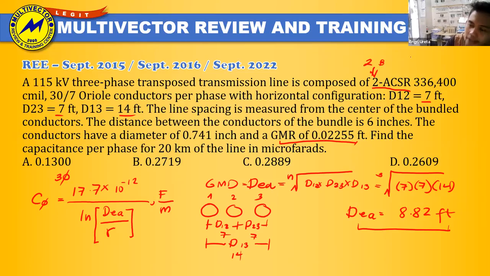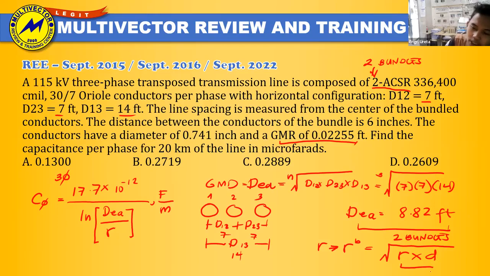Ngayon, kung nakabundle yung conductor natin, our R should be the effective bundle radius natin. Kapag 2 bundles yung conductor, ito yung direct formula natin: the effective radius is just equals to the square root of the radius ng conductor times the distance between the bundle conductors.